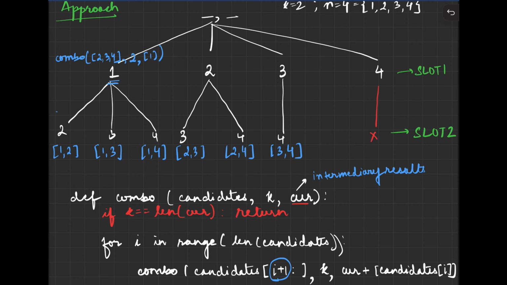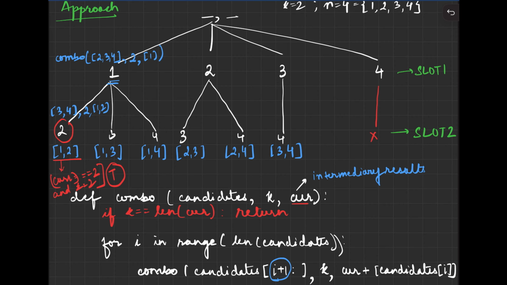In the second call, similarly, for element 2, it'll become 3 and 4 and k is 2, and this will become 1 and 2. After the element 2, our current is of length 2. So here our current, which is 1 and 2, the length of current will become 2 and k is also 2. So this is where our terminal condition will hit.